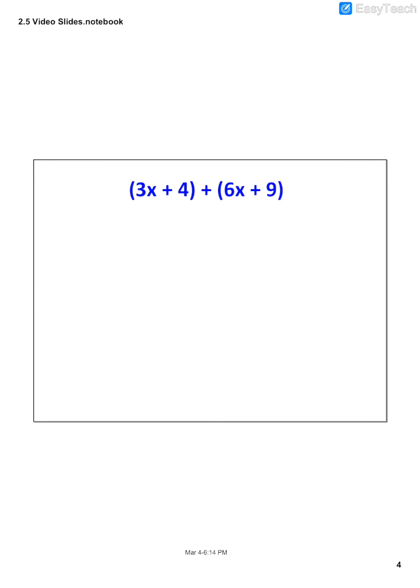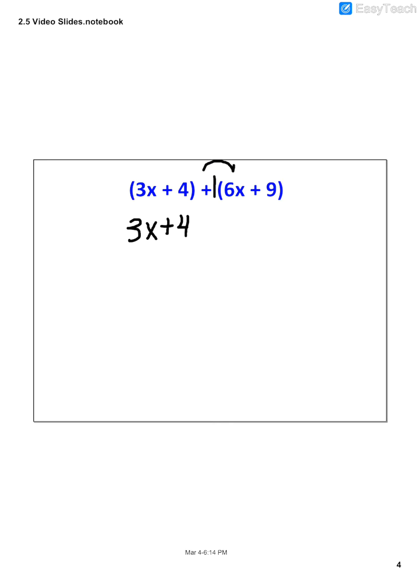So let's try another one mathematically without any tiles. Again, I see that plus sign, so I'm going to put an imaginary 1 in between. I'm going to drop the parentheses in the first part of the expression, 3x plus 4.